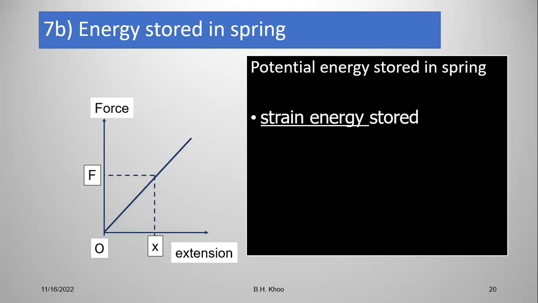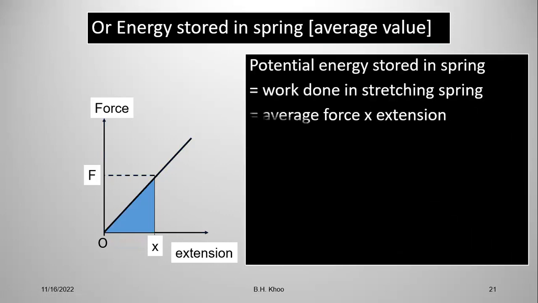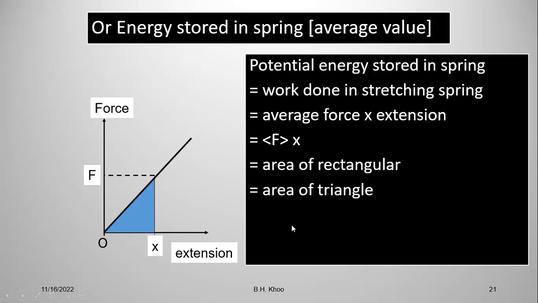Energy stored in spring, right? Different names. Potential energy stored in spring can be called strain energy stored, elastic potential energy. So it's the area of the triangle. Work done in stretching the spring, same. We can either use average force times extension. Right? That's the symbol for average force times the extension x, which is the area of the rectangle, must be equal to the area of this triangle.